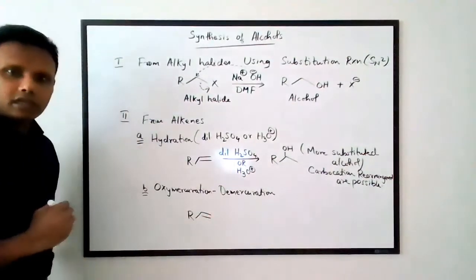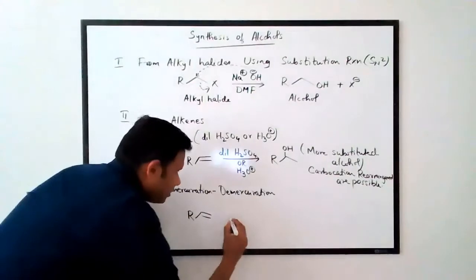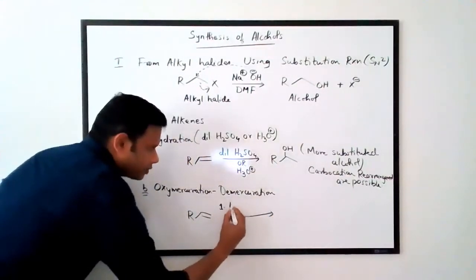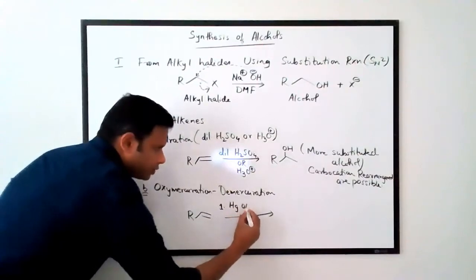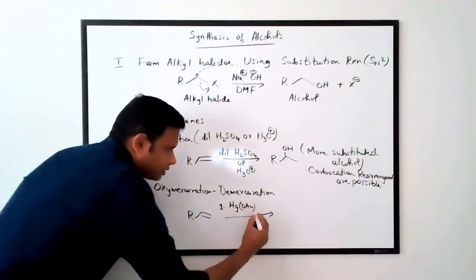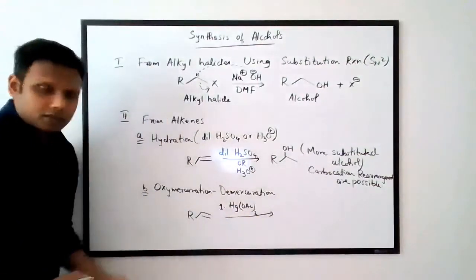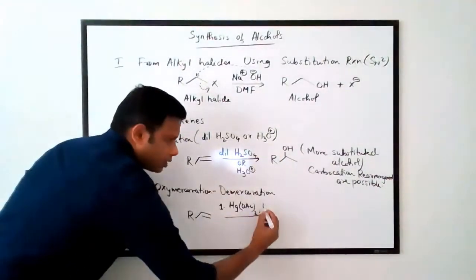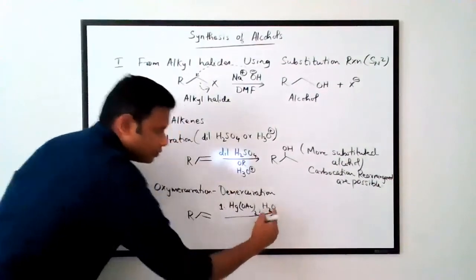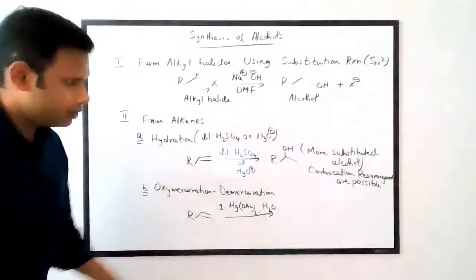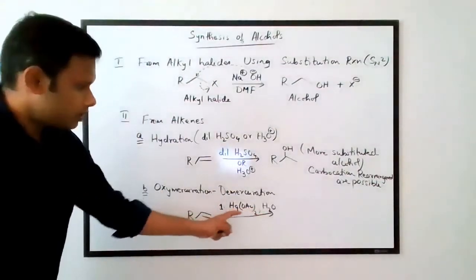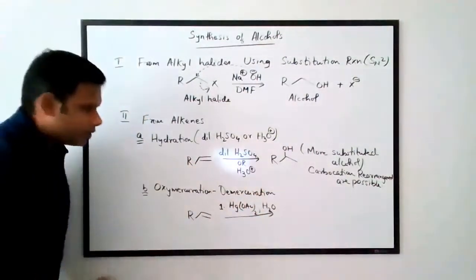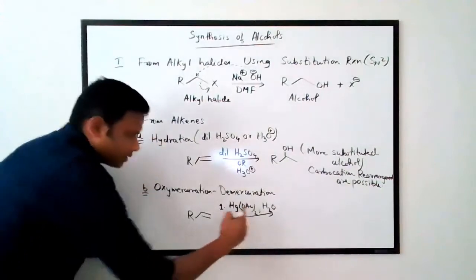We start with the alkene, and you first do an oxymercuration. This uses mercuric acetate as the reagent. Now the hydroxyl group in the alcohol comes from the solvent that's used here, which is water. So if we use water as a solvent in this first step, we will get the hydroxyl group of the alcohol. That's the first step.